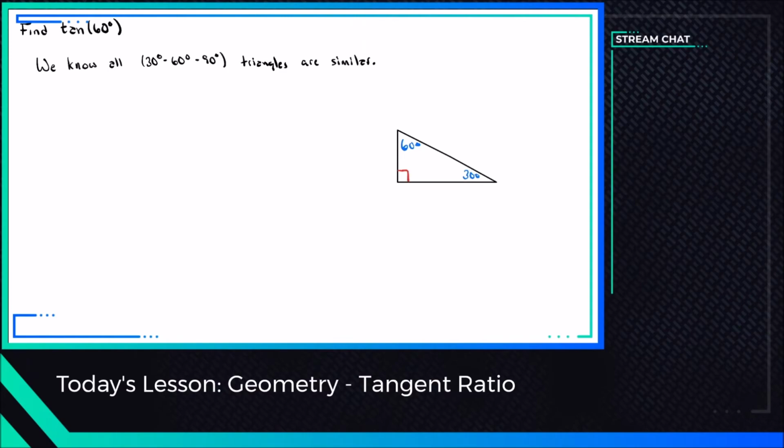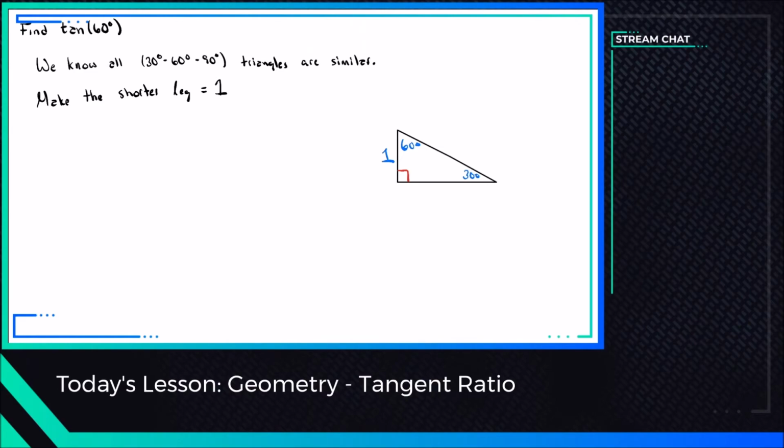So what we're going to do is make the shorter leg equal to 1. And so if we identify our shorter leg, that's going to be equal to 1.